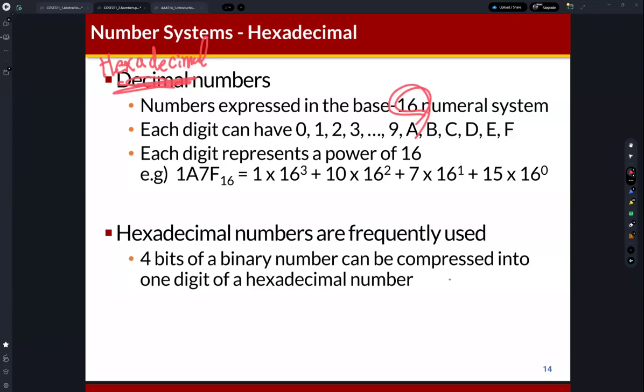And why hexadecimal? Hexadecimal numbers are also frequently used in computer systems, computer programming. And why?